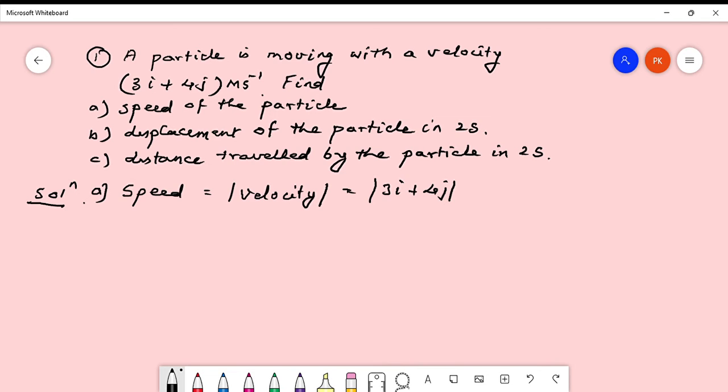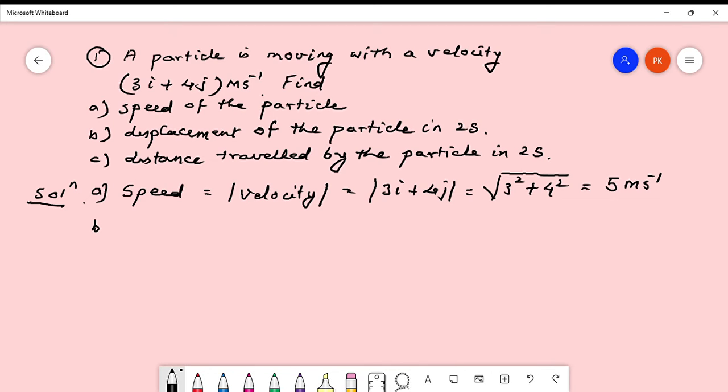How will you find its magnitude? Root of 3 square plus 4 square, which is 9 plus 16, root 25, that is 5 meter per second. Hence the speed of the particle is 5 meter per second.